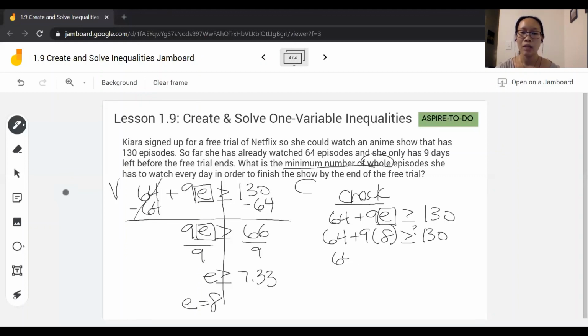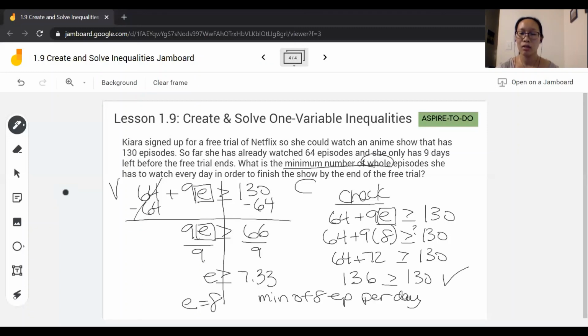So 9 times 8 is 72, and then 64 plus 72 is 136, and that is indeed greater than 130. So that means she has to watch a minimum of 8 episodes per day to finish the show in time.